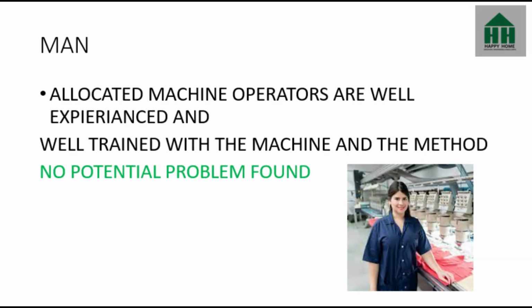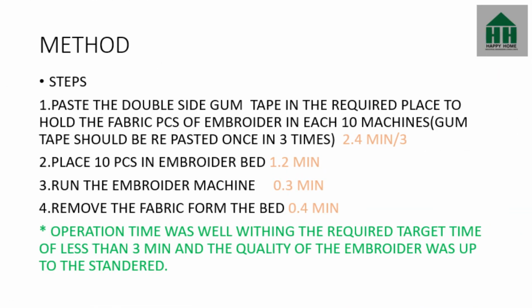Our 6M analysis started with man. In this case, under man we found only the machine operator. The machine operator was well experienced and well trained with the machine, and we found no problem with man. To achieve the expected target, the operational time had to be under 3 minutes, and it was well under 3 minutes.